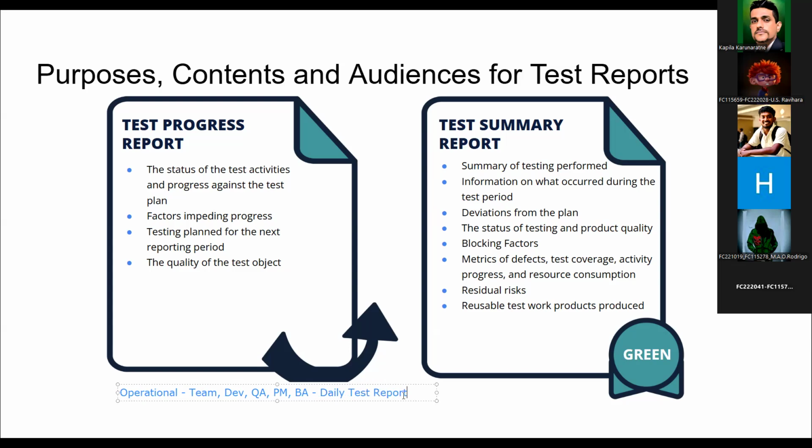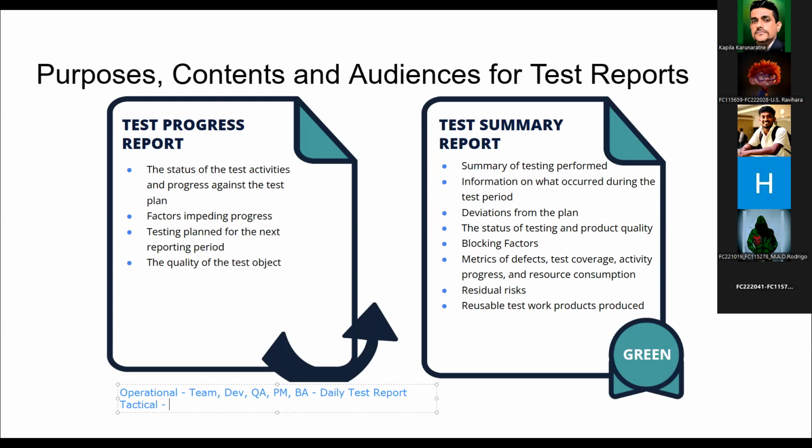They need to know what's happening, how many defects raised today, how many defects fixed, how many test cases passed today, how many test cases failed, that information, right? Daily test report. So there are different tactical people in a project. So tactical people means the management team, right? Your project management, your QA manager, your program manager, a few leadership members, right?